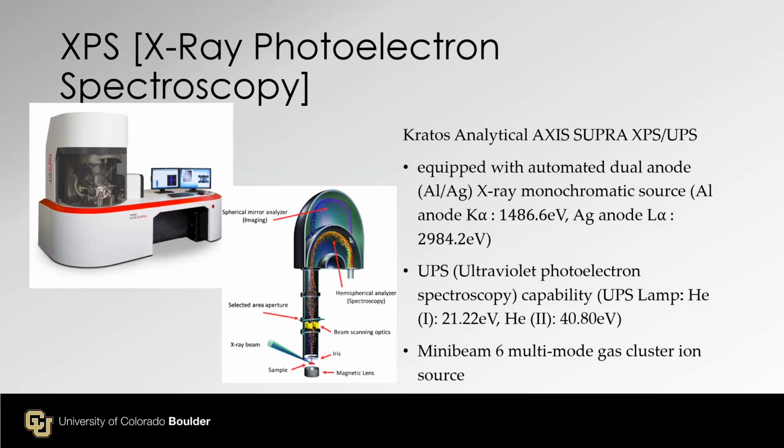This instrument also has the capability of UPS, ultraviolet photoelectron spectroscopy. Instead of X-ray photons, you can use UV photons from the UPS helium lamp, about 20 eV and 40 eV. And as I already mentioned, there is a multi-beam, multi-mode gas cluster ion source.